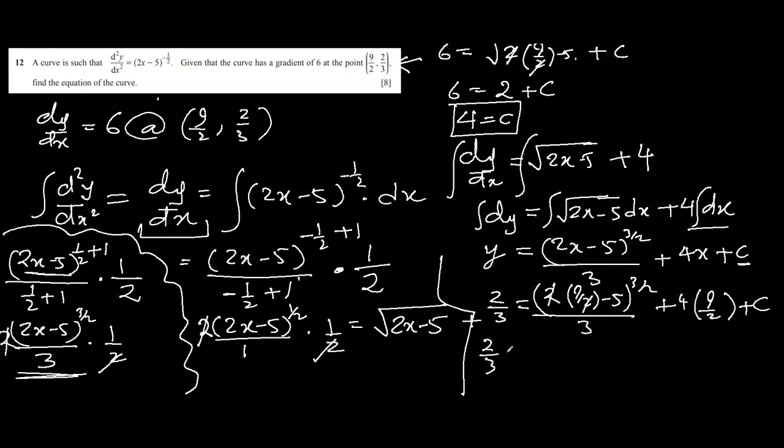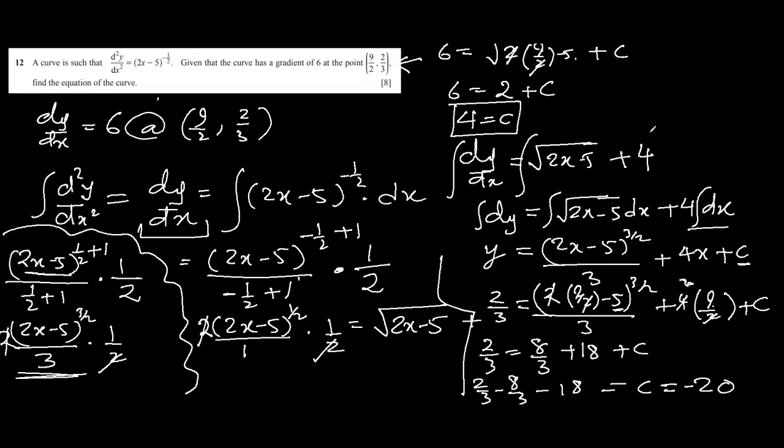So 2 over 3 equals 9 minus 5, which is 4 again, and power 3 over 2 will be 8, over 3, plus 2 times 9 is 18, plus c. So c will be 2 over 3 minus 8 over 3 minus 18, and this will be minus 6 over 3, which is minus 2, minus 18, which is minus 20.